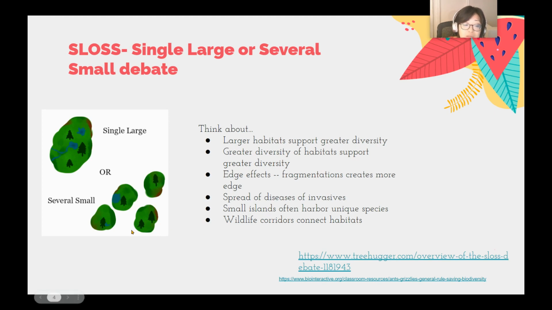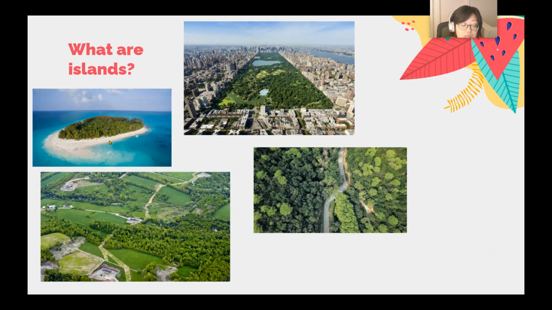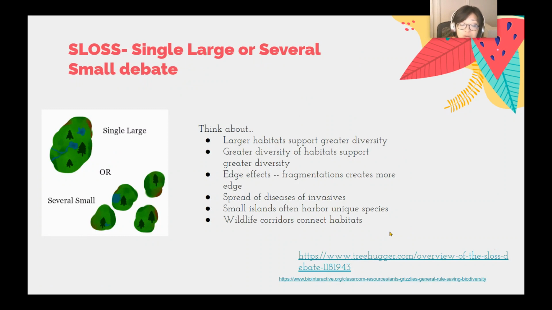Oftentimes, small islands, because their habitat is unique, will have unique species. These endemic species are only found in this particular habitat, and those tend to get lost when you start connecting them, because organisms from other habitats invade. You're going to have invasives coming in that might drive out the native endemic species. So sometimes having isolated habitats like this is a good thing.